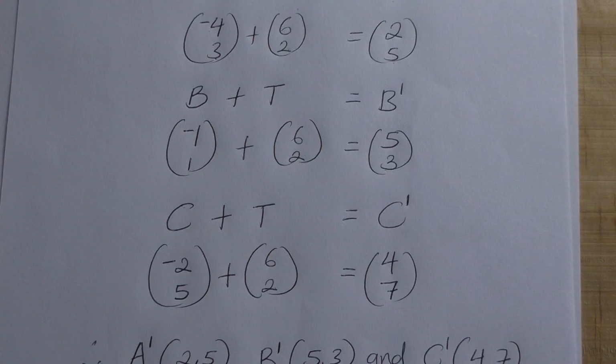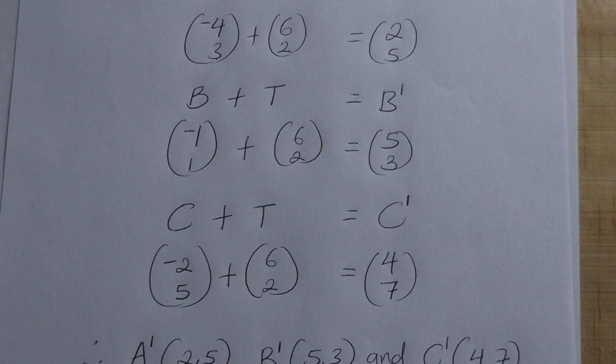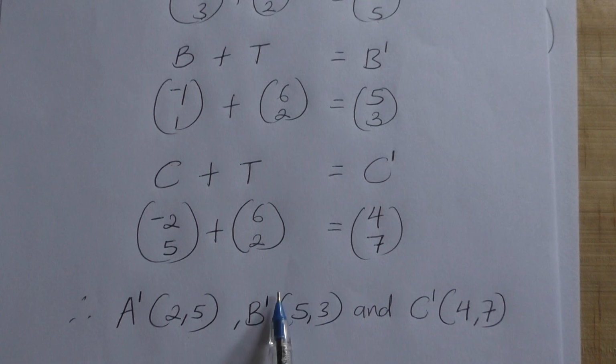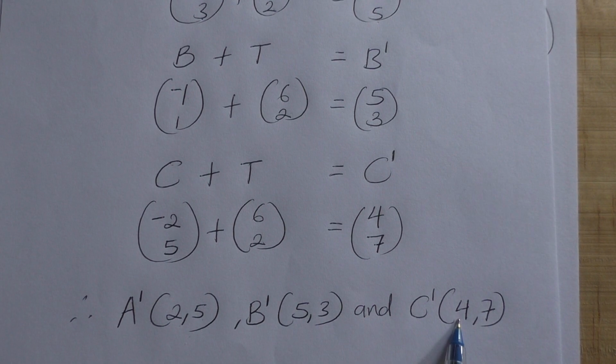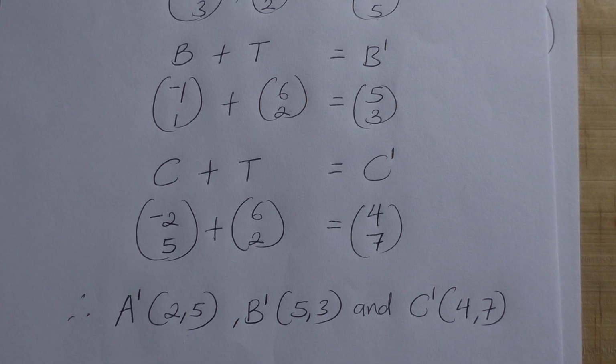And therefore, the image of A is 2, 5, the image of B is 5, 3, and the image of C is 4, 7. So that is translation. Under translation, we get the image by adding the object vector plus the translation vector.